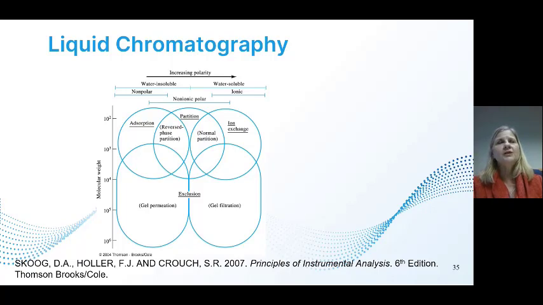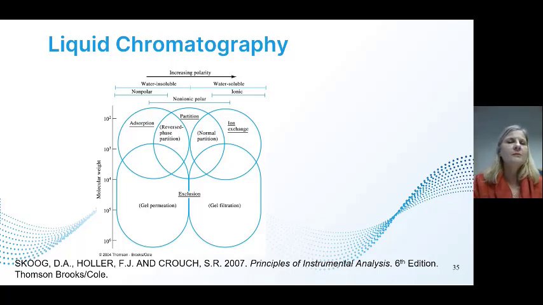What makes HPLC so much nicer than GC is that we can separate very high molar mass compounds, either by gel permeation for water insoluble or non-polar compounds, or gel filtration for water soluble compounds.